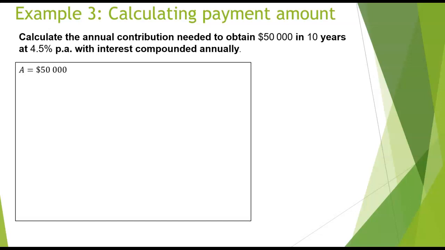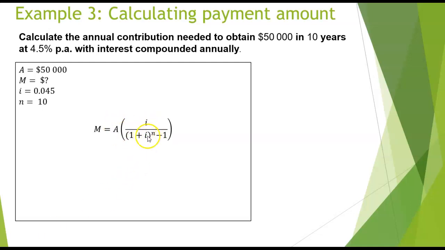We know that $50,000 was invested. We need to find out the annual contribution. Our interest rate is 4.5% expressed as a decimal, and it's compounded annually, so we don't have to divide by anything. And we have 10 compounding periods.